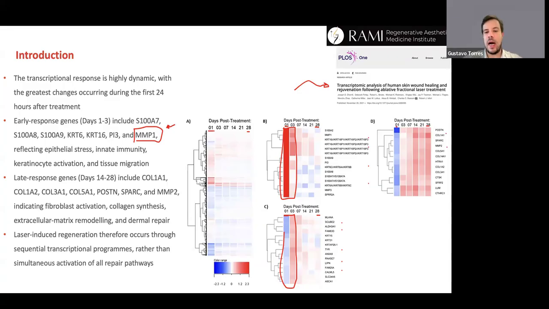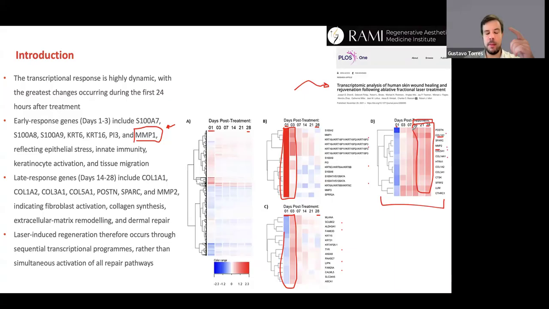However, the most interesting thing happens when we look at day 14 to day 28, in which we start to see, when we focus on genes such as collagen, the metalloproteinases, all the types of collagen, SPARC protein, and so on and so forth, which are all proteins related to the building of the tissue per se, we see that they become red. So that means essentially that this is when these proteins start to be more expressed.